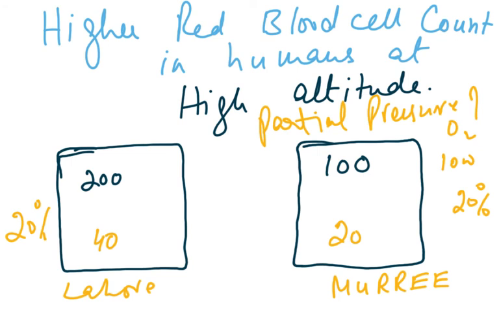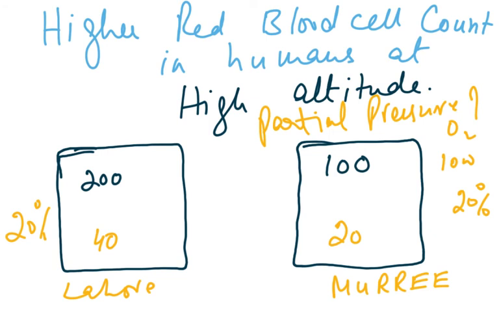And what will happen is, when they live at those high altitudes, because the partial pressure of oxygen is low, they will have more red blood cells in their body. But when they come to take part in athletics on the plains, they will have a slight biological advantage because they'll have more oxygen carrying capacity.